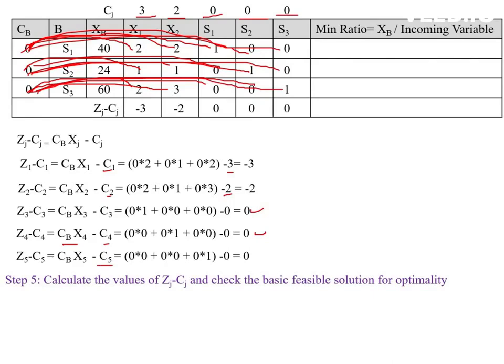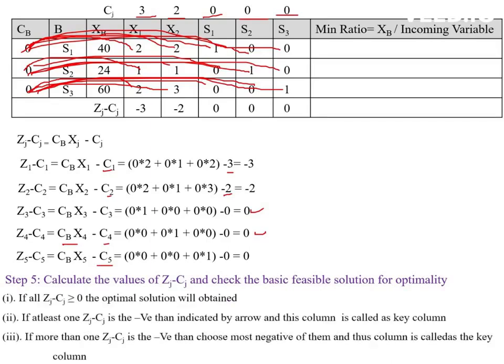Next we have to check the basic feasible solution for optimality. Here observe the Zj minus Cj values. First condition: if all Zj minus Cj are greater than or equal to 0, the optimal solution is obtained.